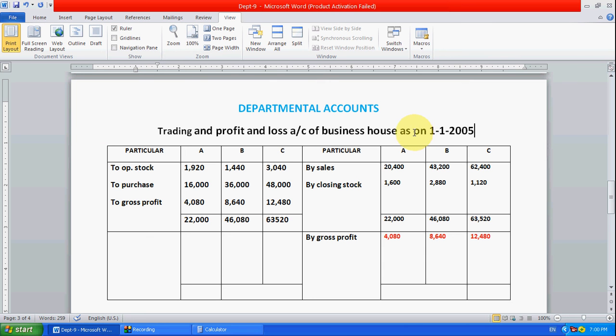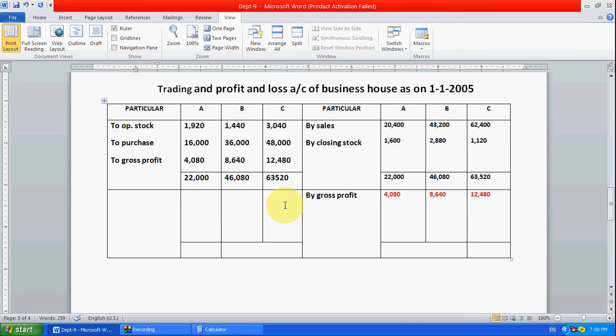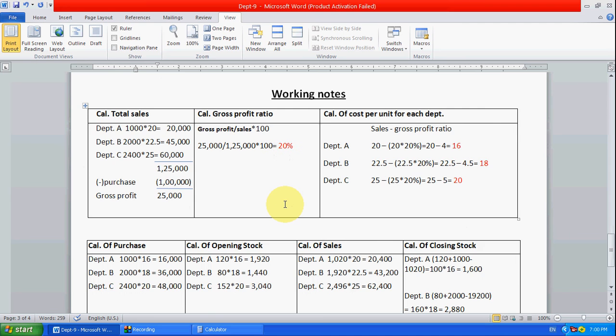Departmental trading account. For this purpose, the working note is very important. First calculate the total sale. First we need to calculate gross profit. Then we have to calculate the gross profit percentage, which is included in sale.